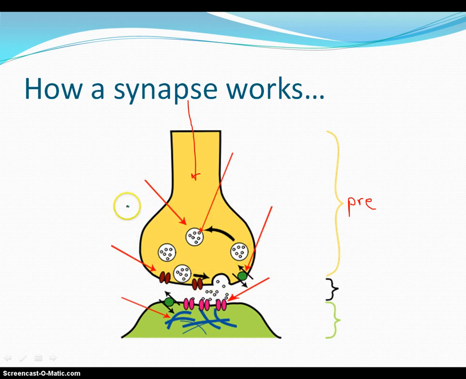The first thing that's going to happen is that calcium channels, which I'll abbreviate CA, are going to open, and calcium is going to rush into the cell. That's going to cause these vesicles to move to the membrane, such as this one right here. It is close to the membrane, and it is going to bind to the membrane and release its neurotransmitters, all these little dots, into the synaptic cleft.